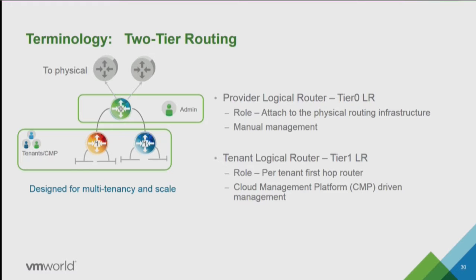So if you run something like OpenStack, we'll be creating the tenant logical router. We don't mandate that you have to build a multi-tier topology. You can just create a tier 0 router and directly attach logical switches to it. That is completely okay too. But in the demo, we will show you a multi-tier topology.